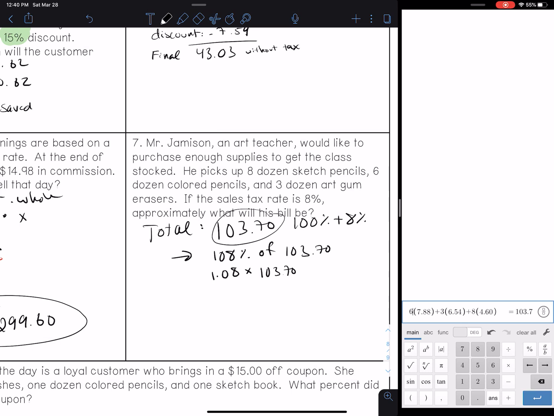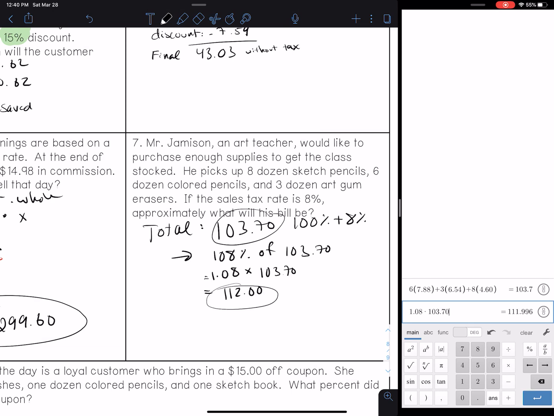So, from there, I need to just multiply this out to get my total. So I'm gonna pay 1.08 times 103.70, and so I'm gonna pay $111.996, but that 6 makes that 99 round to 100, so it's not going to be 111, it's going to be $112.00.